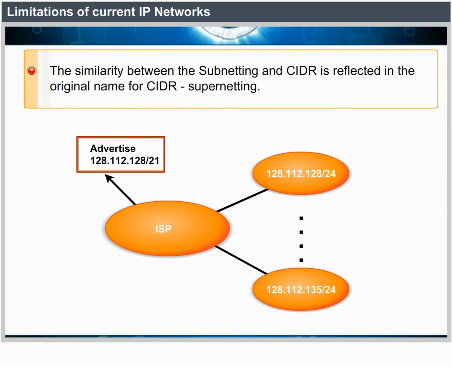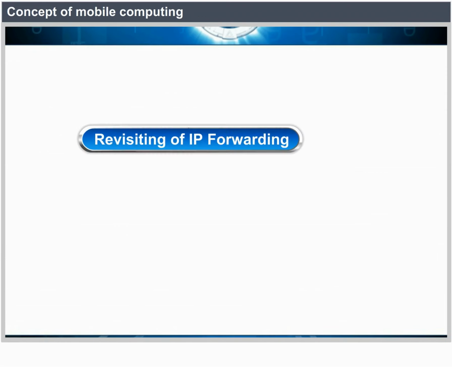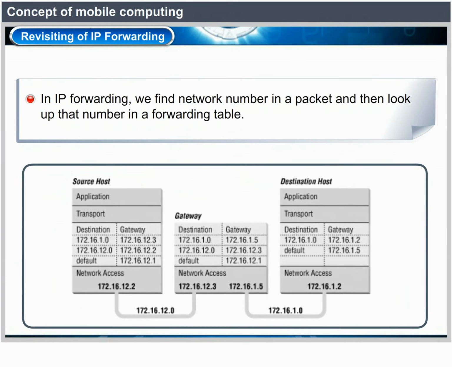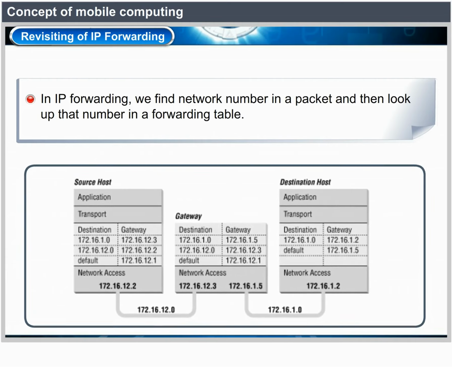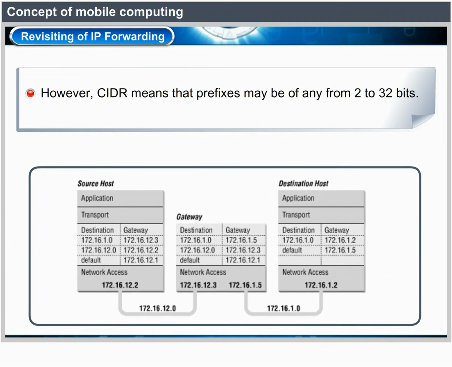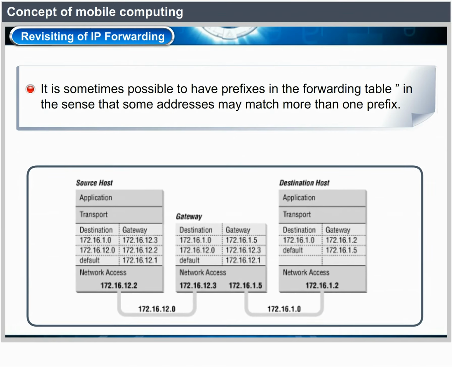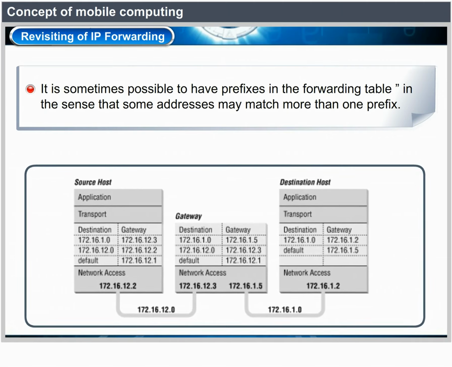IP forwarding revisited. In IP forwarding, we find the network number in a packet and then look up that number in a forwarding table. However, CIDR means that prefixes may be of any length, from 2 to 32 bits. It is sometimes possible to have prefixes in the forwarding table that overlap, in the sense that some addresses may match more than one prefix.